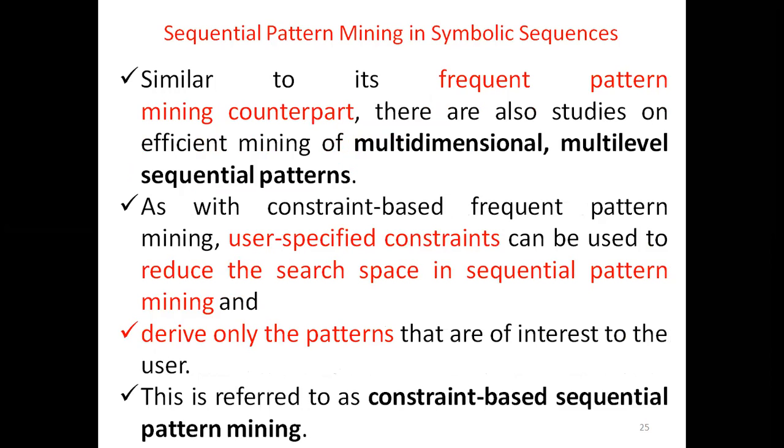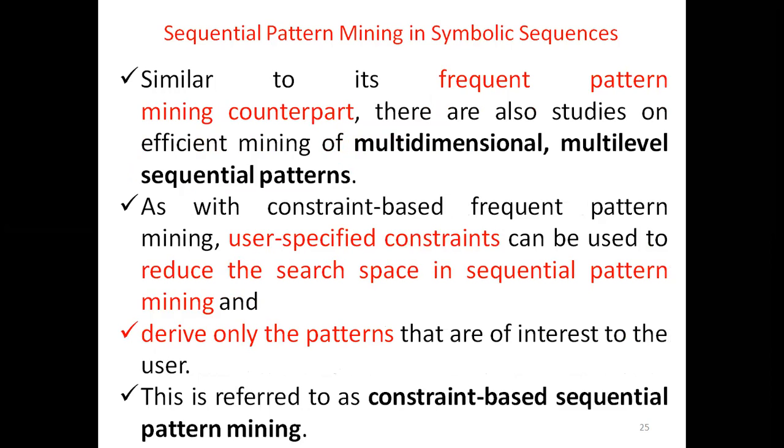What is the other study? Multidimensional, multi-level sequential pattern mining. Multidimensional means it has different dimensions. For example, item is one dimension, because a data warehouse is formed with multi-dimensional data.